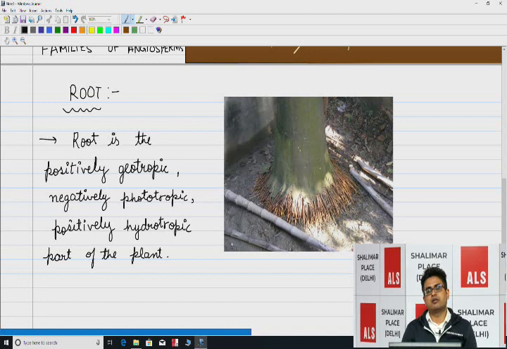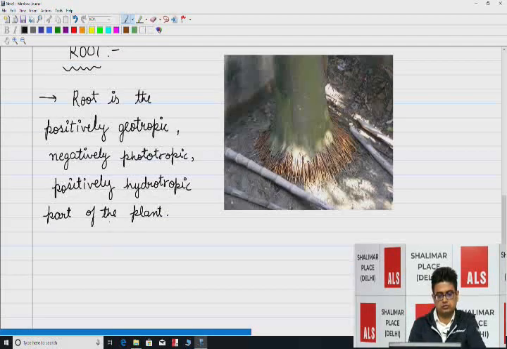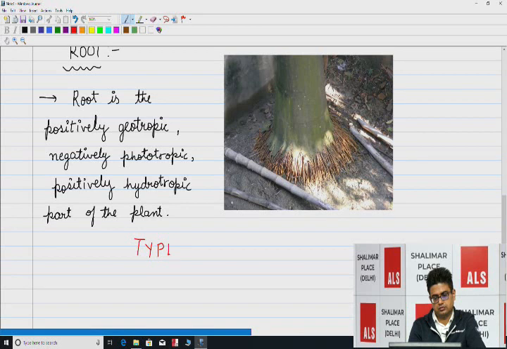Now we will study about the different types of root. So let's put the second heading now: types of root. Please tell me, what are the different types of root that you are aware of?